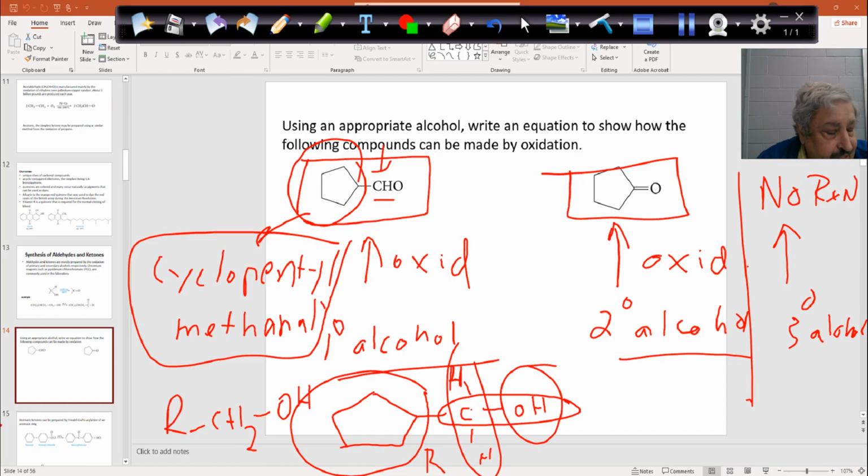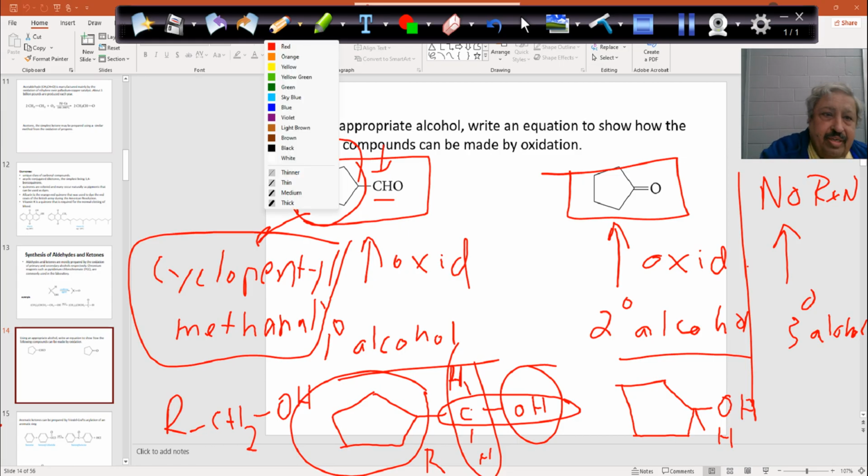Here we have a ketone. You will have to have the secondary alcohol. The secondary alcohol will be looking the same way we have here, instead of one OH. Now this is H here.